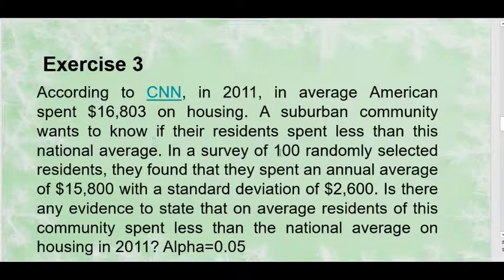So we have 100 randomly selected residents, and they found that they spend 15,800 with a standard deviation of 2,600. And the question is, is there any evidence to state that on average residents of this community spend less than the national average of housing in 2011?